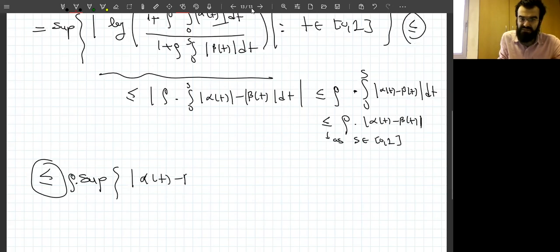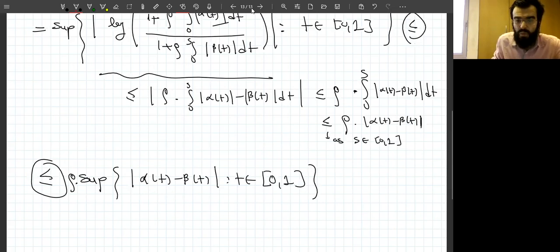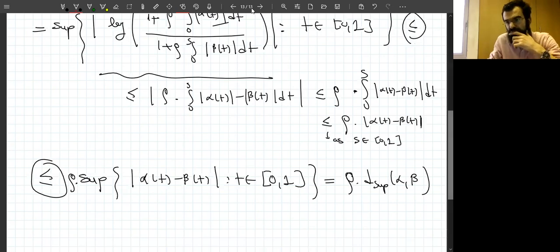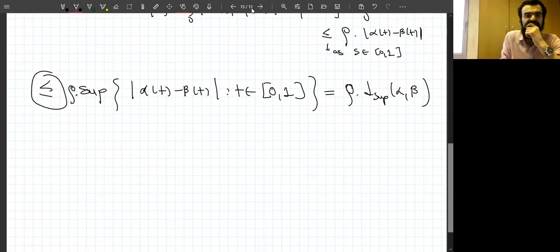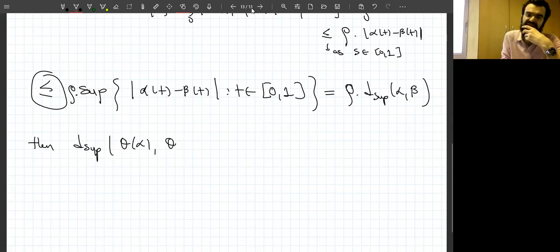The supremum of absolute alpha t minus beta t, so this is d sub infinity of alpha, beta. Then we get d sub infinity of theta alpha and theta beta is less than or equal to this number.